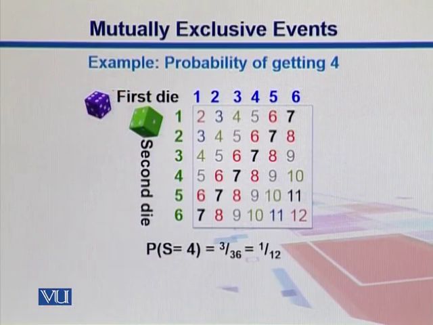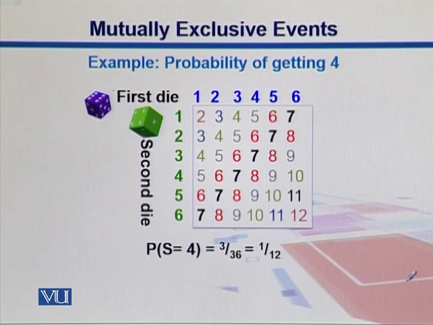Here in this example, we can again use the previous example of rolling these two dice together. What is the probability of getting a 4? We solve that and see that there are three possible ways in which we can get 4. So the probability is 3 out of 36, which is 1 out of 12. Now this is something which is happening.